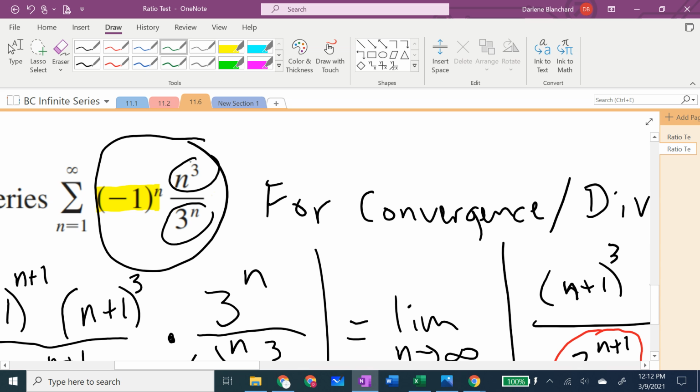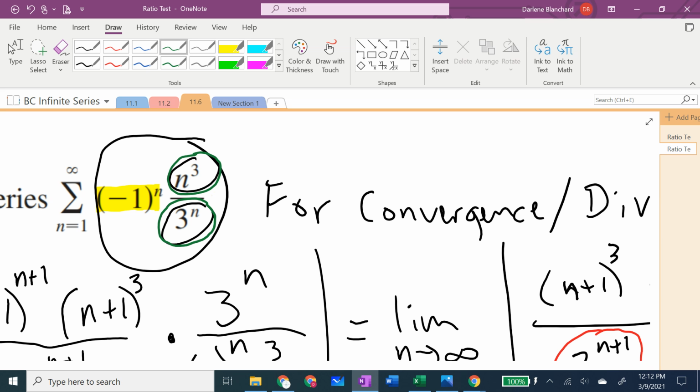I want you to notice that n cubed is a polynomial. 3 to the n is not a polynomial. It is exponential. In fact, if the 3 to the power of n didn't have that numerator, this would be geometric.